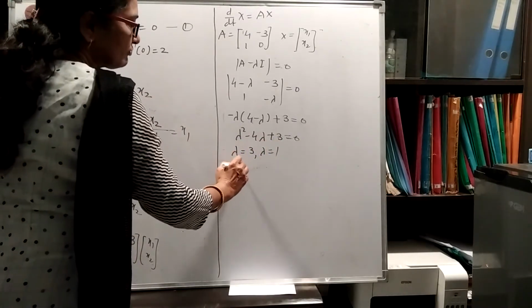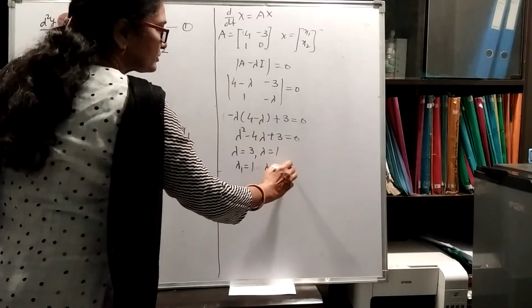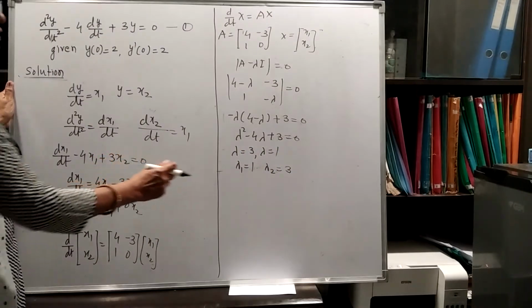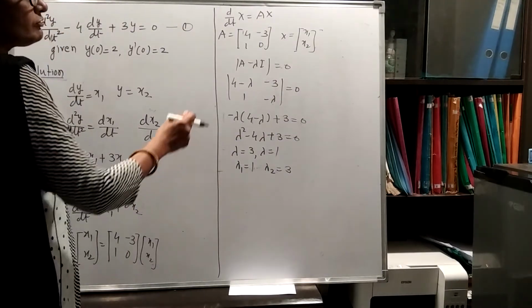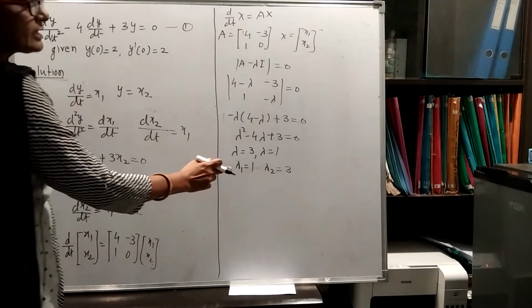So suppose lambda 1 is 1 and lambda 2 is 3. Now for these two values, the eigenvalues, we have to find the eigenvectors corresponding to these eigenvalues.